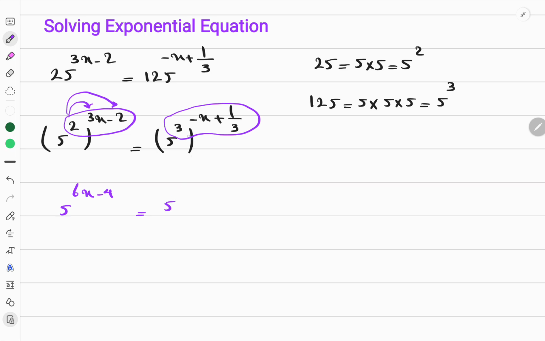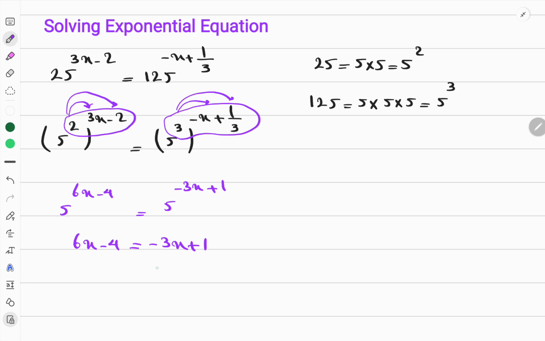This is the distributive law. 3 times negative x is negative 3x. 3 times 1/3 gives you positive 1. So since the bases are the same, we are allowed to equate the exponents. 6x minus 4 equals negative 3x plus 1.